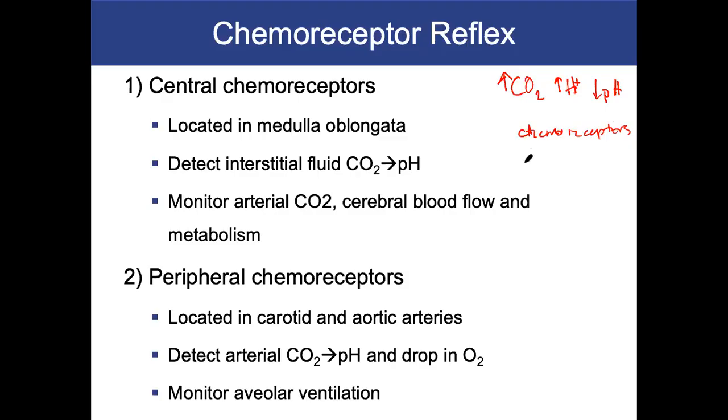They're going to be your sensors, and then they're going to send a signal where? What's your integrator? Your integrator would be your medulla oblongata, right? And that's going to measure it against your set point. The medulla oblongata is going to say, hey, CO2 is too high, or pH is too low, or oxygen is too low. I'm going to send a signal out to what?